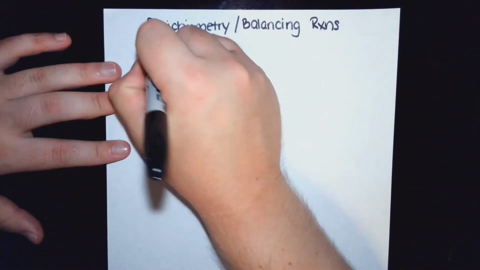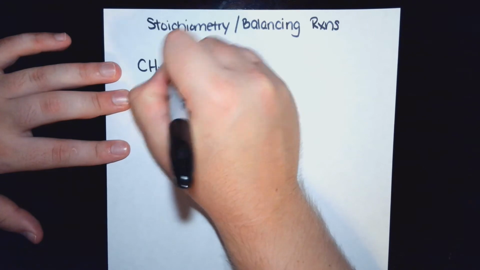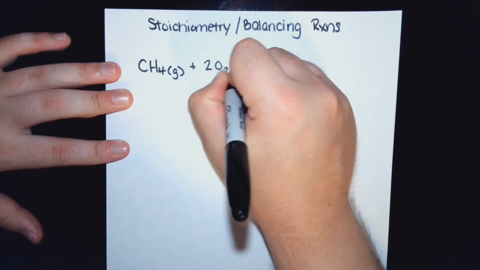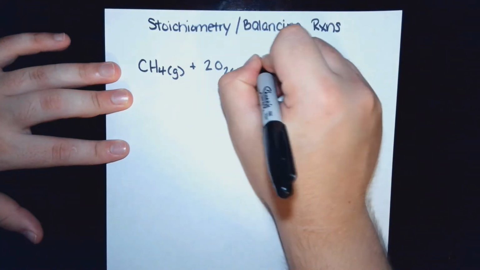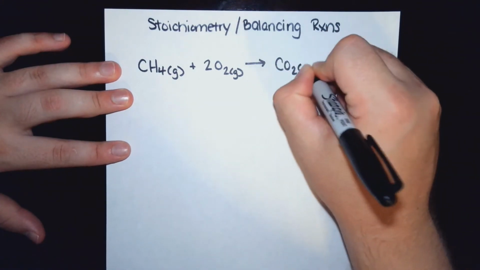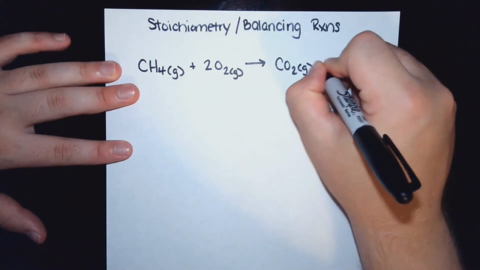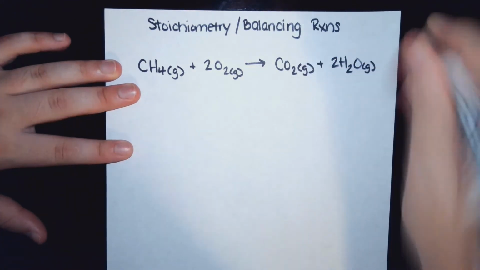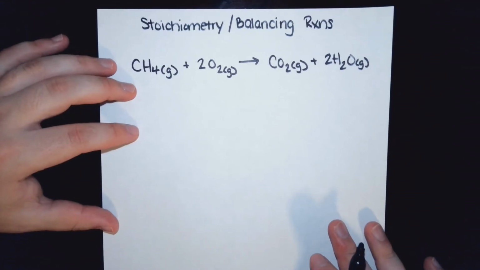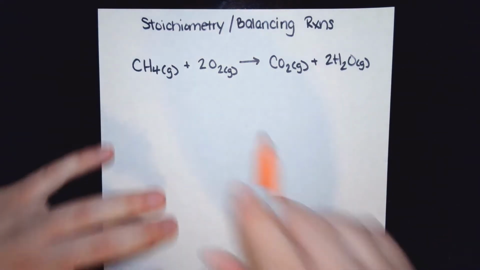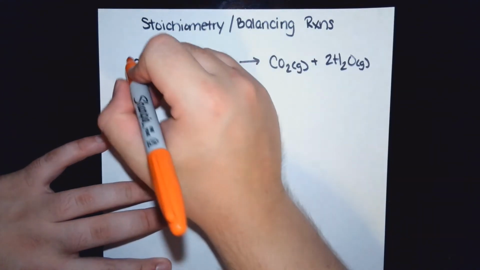So let's go with something like this. Okay, so first and foremost, when looking at a chemical equation, to the left of the arrow, these are the reactants.